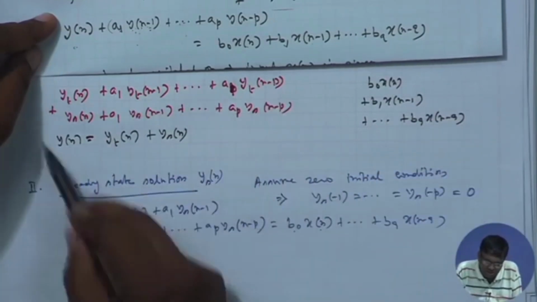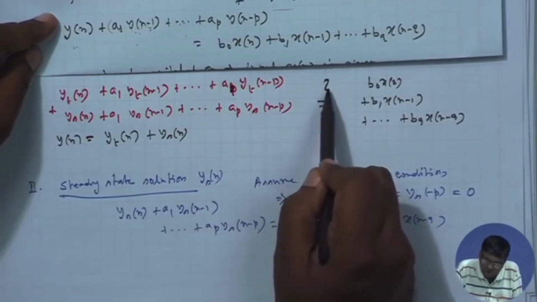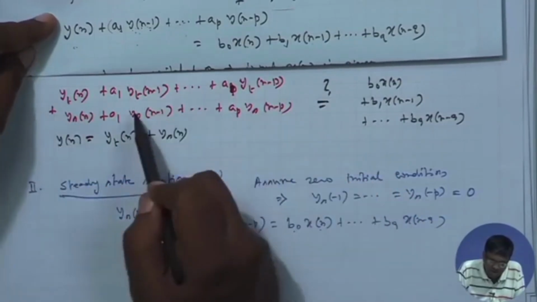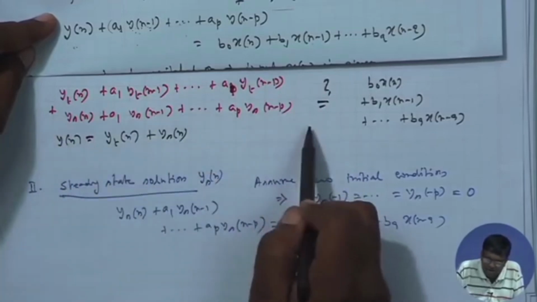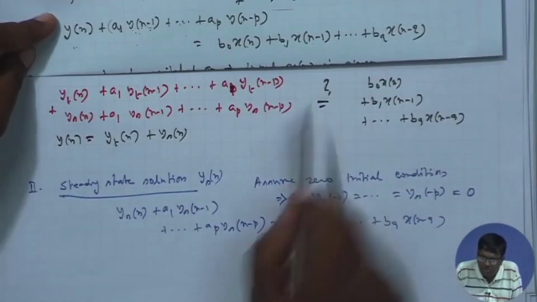Question is, is this left hand side in red ink equal to this right hand side? I am putting a question mark.